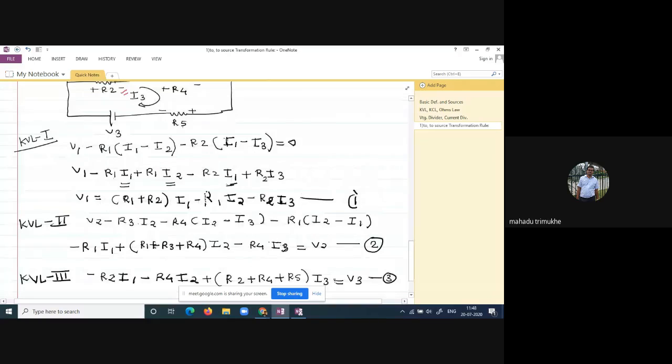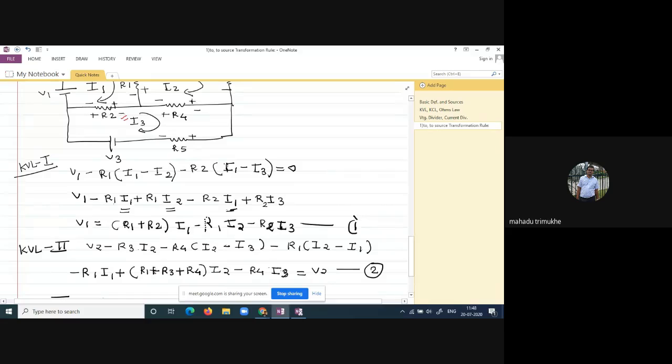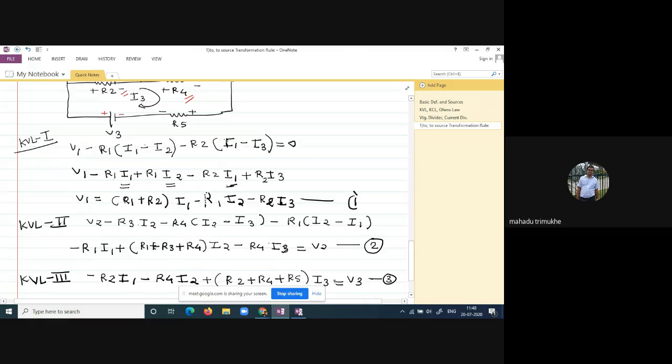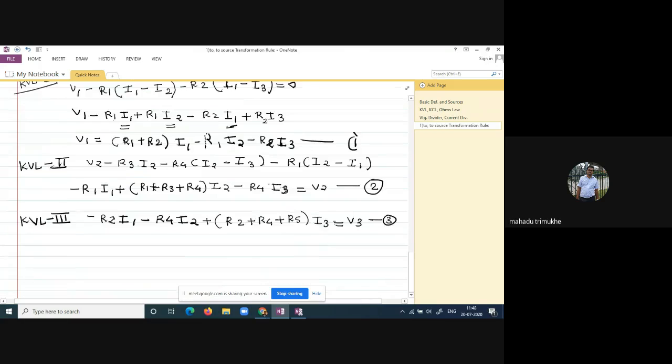R2 is common between I1 and I3, so minus R2 (I3 minus I1), minus R4, but R4 is common between I3 and I2, so that is (I3 minus I2), and again minus R5 I3. Here negative and positive, plus V3. Then you have to simplify and you'll get this third equation.